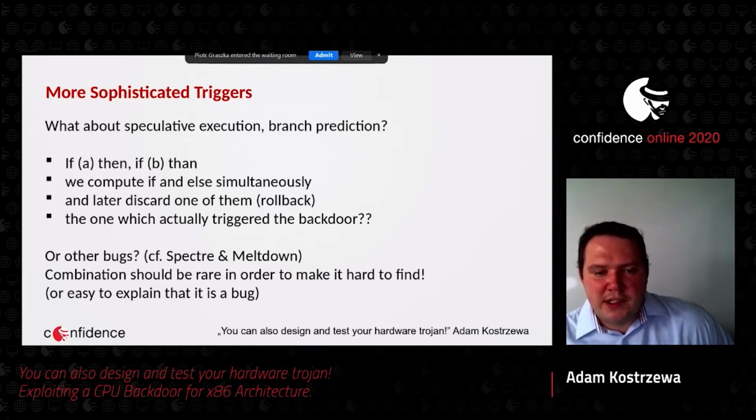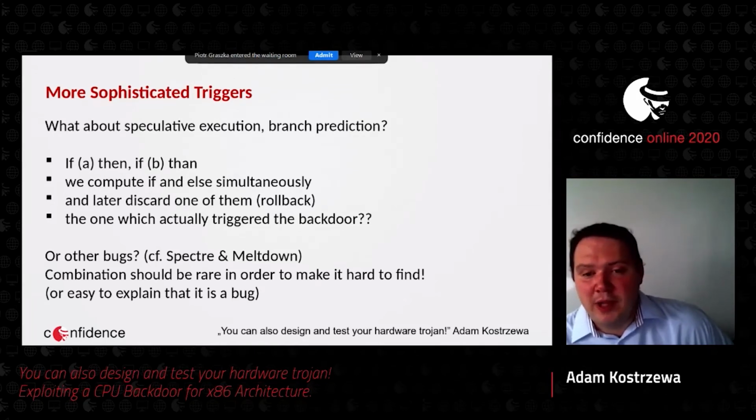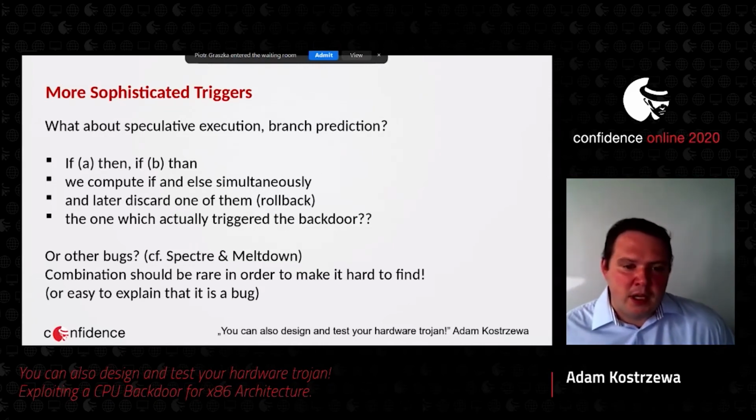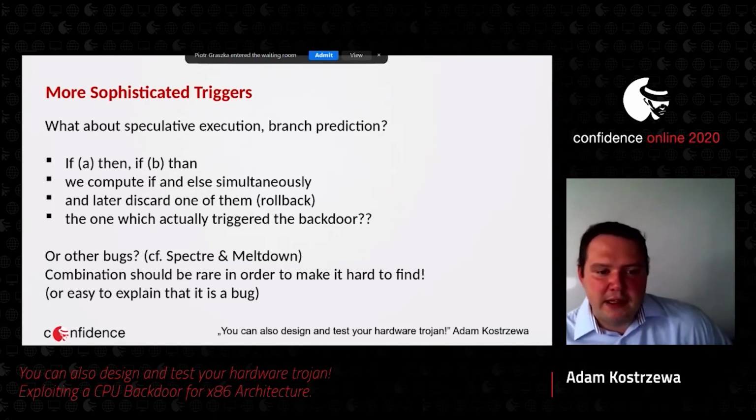So the question is, what if an attacker were smart enough to trigger the Trojan during speculative execution, during some speculation of certain specific code, by executing several instructions one after another, or introducing some state of the processor, and then rolling back to the original state.